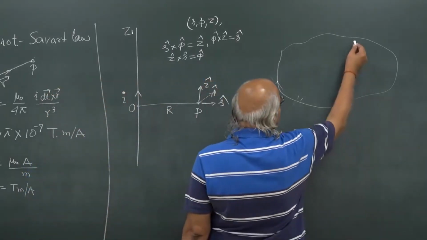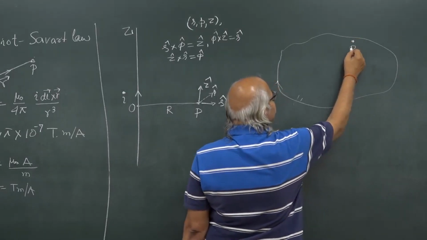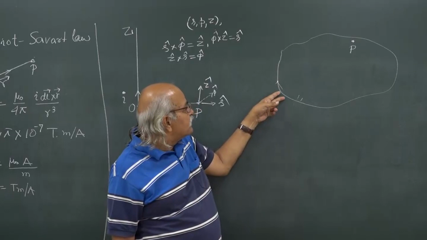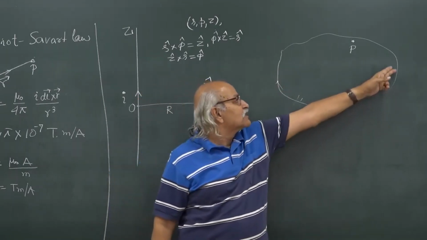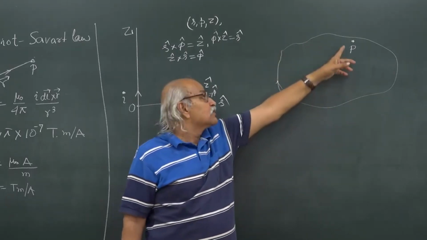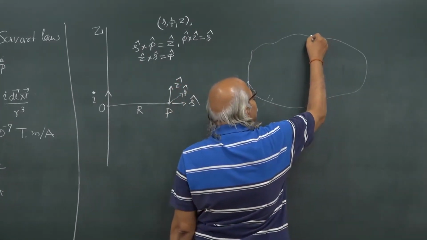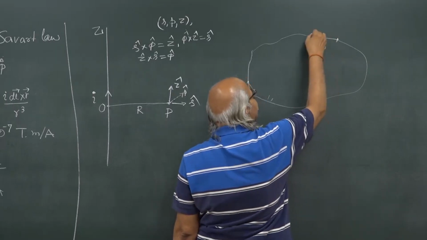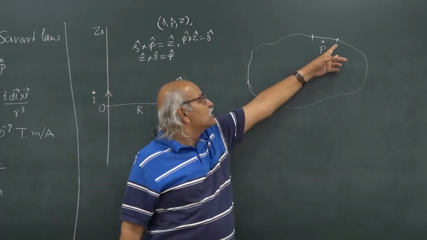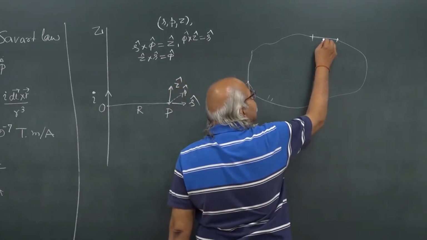In that case, if you take a point P somewhere here and ask for the magnetic field due to this whole circuit, these points are far away. They give only a negligible contribution to the magnetic field here. The contribution mainly comes from these points because they are close, up to here. Of course, contributions are there from everywhere, but the significant contribution comes from this part, and this is long compared to this separation.